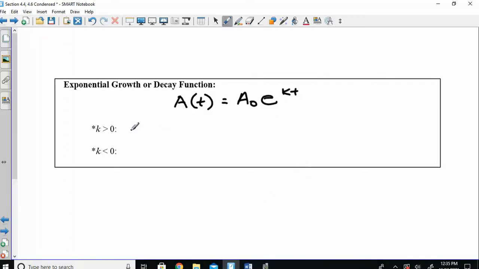If that k is a positive number, that means you will have growth. So as time goes on, you're going to have more of it. If k is negative, that means it will be exponential decay. As time goes on, we will have less. All right, so I wanted to look at a couple examples involving exponential growth and decay.